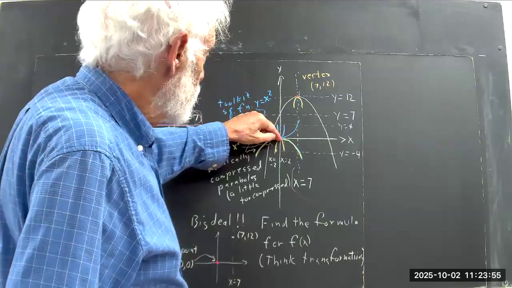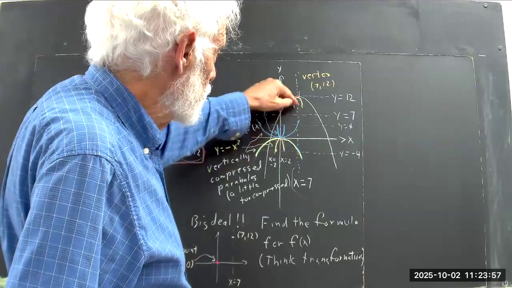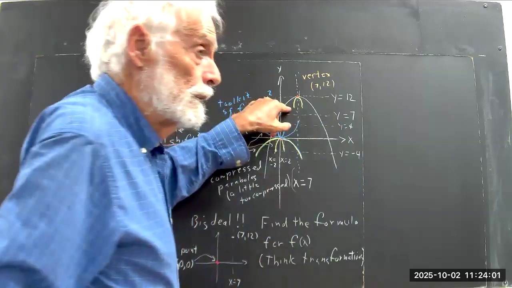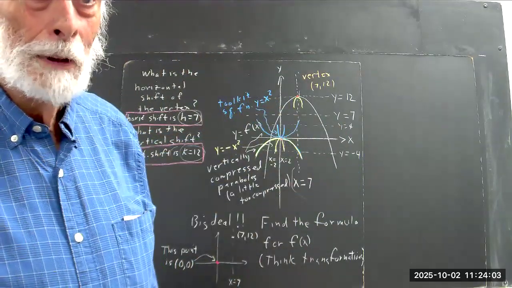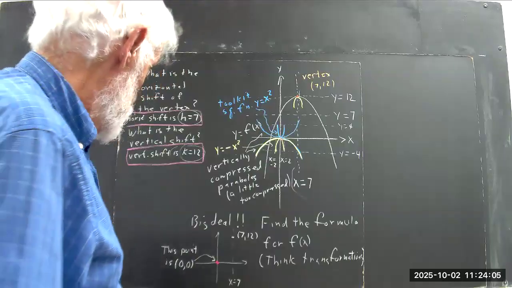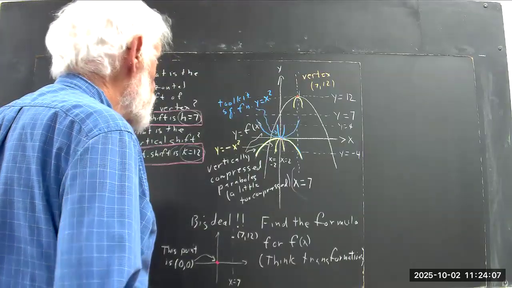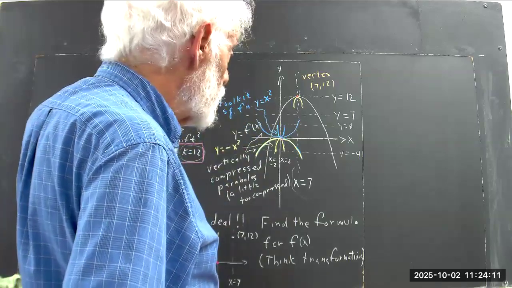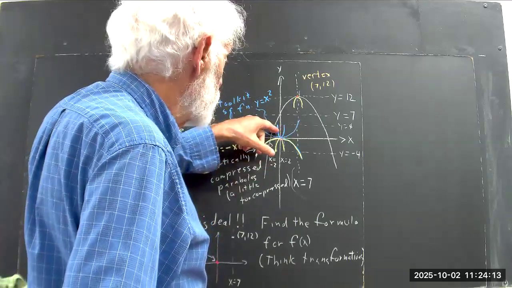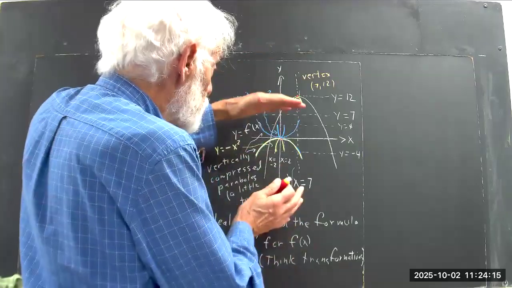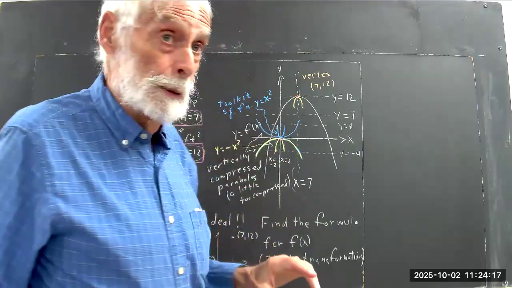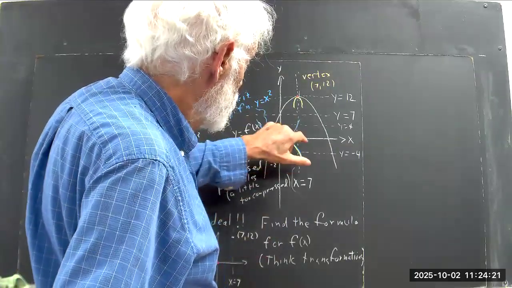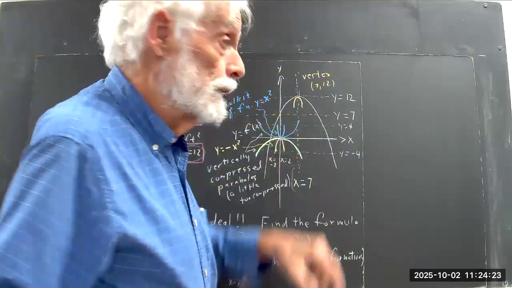So if I was to take this thing and shift it over 7 and up 12, it would be a little too fat, right? Can you see that? So how are we going to get just the right compression? But you understand that the toolkit function has to be squashed down a little bit, okay? And then flipped, and then horizontally and vertically shifted.